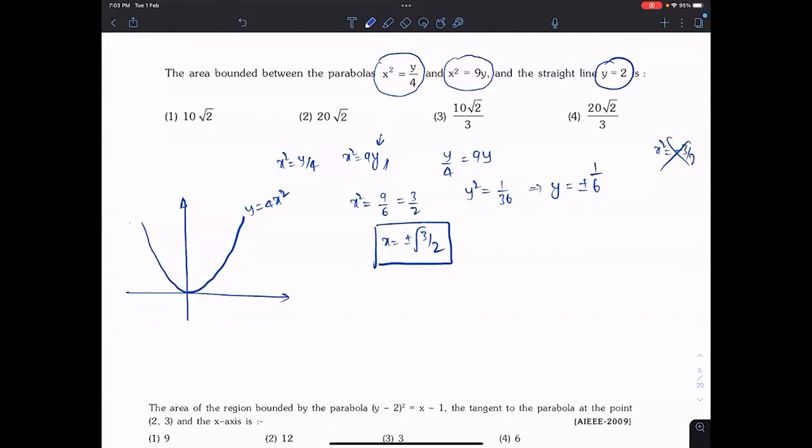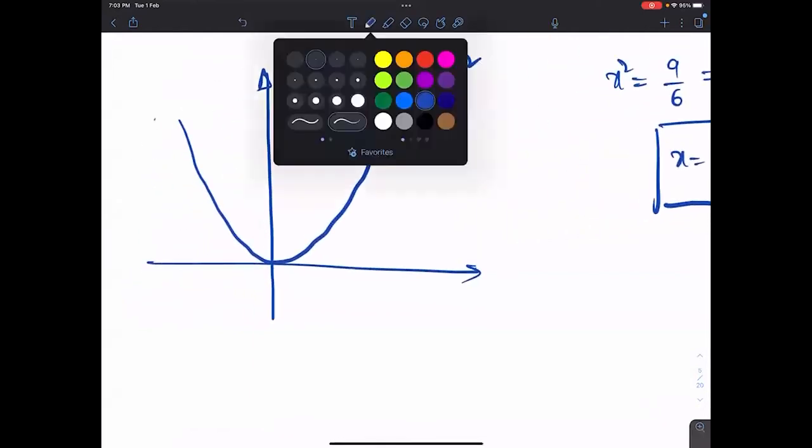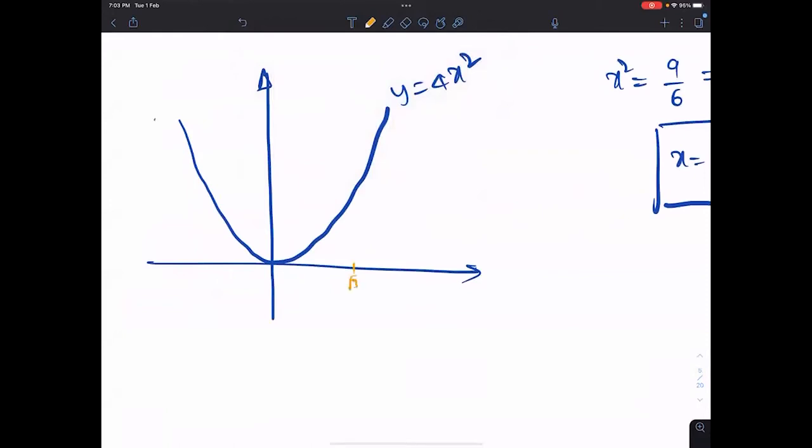No? And what are the y coordinates of both? 1 by 6 for both the graphs. So, which means when x is root over 3 by 2 or minus root over 3 by 2, the y coordinates of both the graphs are same. That means they are going to intersect here.